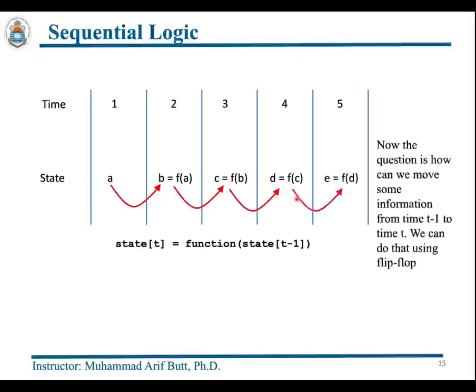Now the question is, how can we move some information from time t minus 1 to time t? How can we move this state A at time 1 over here at time 2, and how can we move the state at time 2 to this function at time 3, and so on?